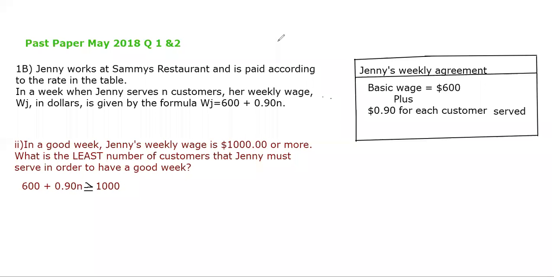When we subtract 600 from both sides, we get 0.90n greater than or equal to 1,000 minus 600. I can't write the sign at the moment, so I'd have to draw it.